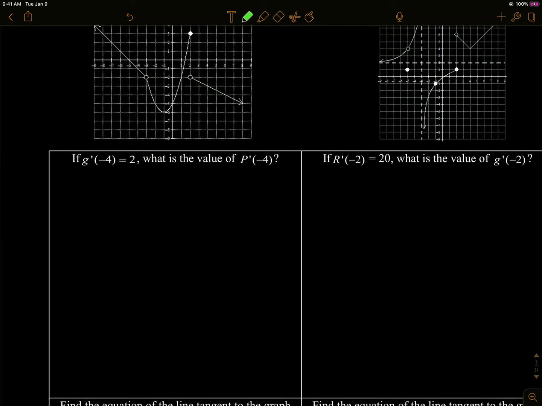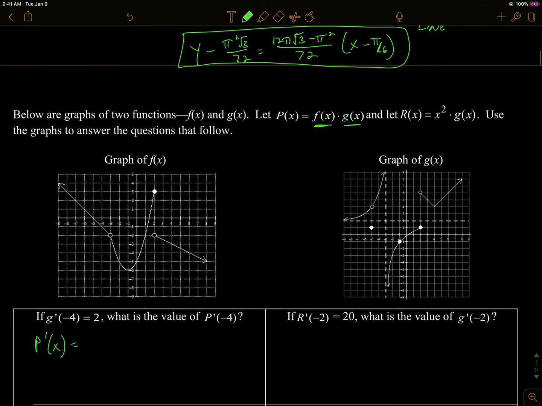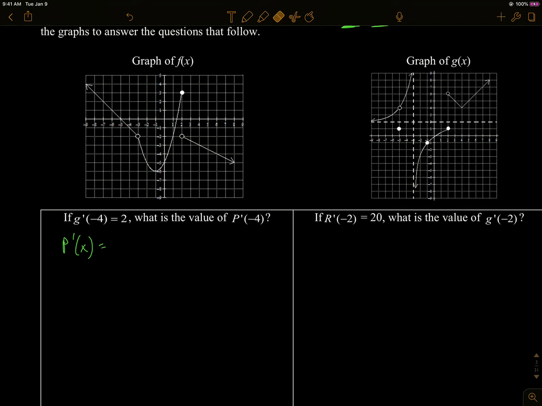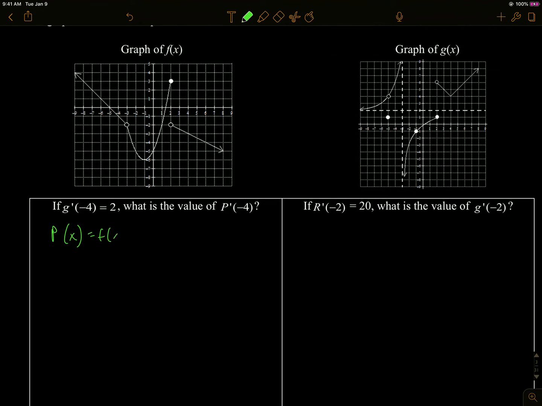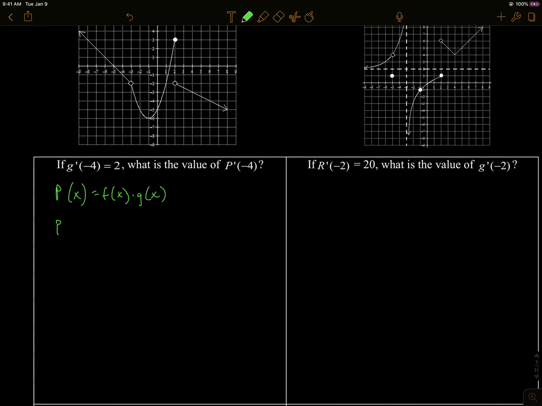So they want p prime of negative 4. First of all, I need to find p prime of x. Let me just recopy what p of x is: it's f of x times g of x. If I do the product rule on this, the derivative is going to be f prime of x times g of x plus f of x times g prime of x.